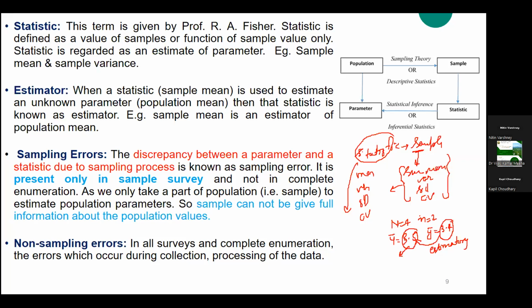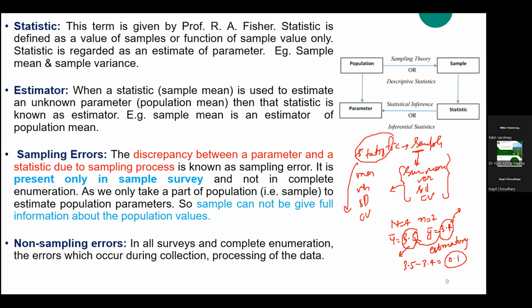But as we are not studying all the units of the population, the sample will give some average results, so there will be some difference. I have taken the difference 3.5 minus 3.4, that is 0.1. This 0.1 is nothing but your sampling error. And this sampling error is present only in sample survey techniques. In complete enumeration, this is not possible; there is no sampling error.